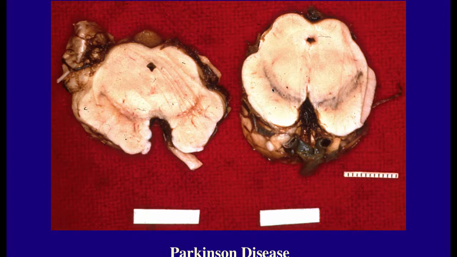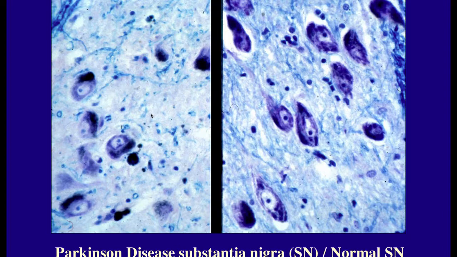In patients with Parkinson disease, there has been sufficient loss of those pigmented neurons such that it's no longer black but appears brown grossly. So what we'll see when we look at the nigra or other pigmented neurons in the brainstem is neuron loss and gliosis in that region.